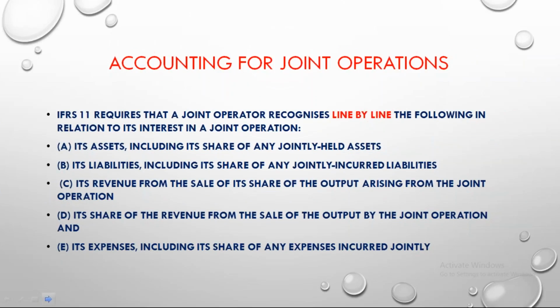There is no separate accounting for the joint operation. One third of the assets, one third of the liabilities, one third of the revenue, we will take into our own books, because there are no separate joint operation accounts.